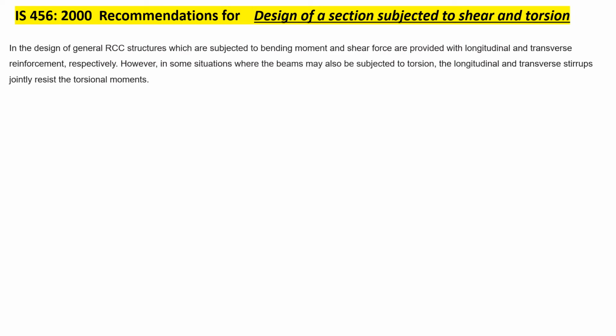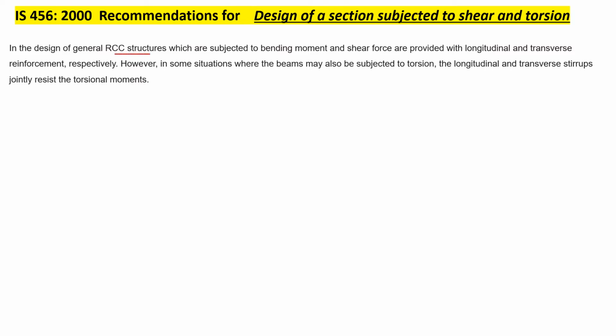Now IS 456-2000 recommendations for design of a section which is subjected to shear as well as torsion as well as bending moment. So what the code is suggesting is that in the design of general RCC structure, normal RCC structure which is not subjected to any type of torsion, we have already gone through that in the previous lectures.